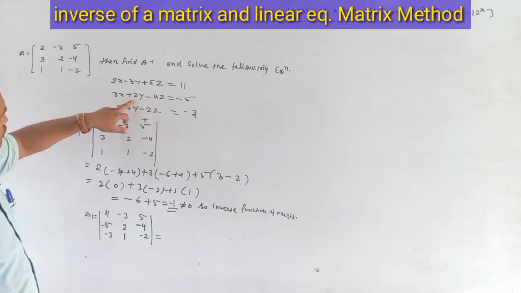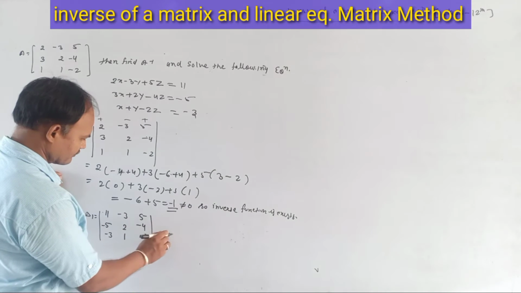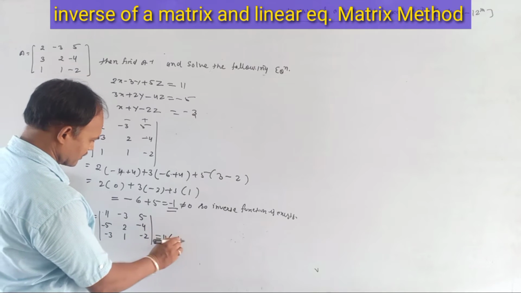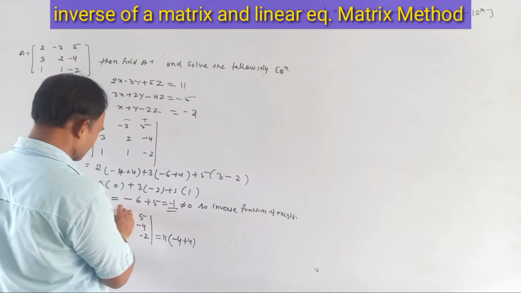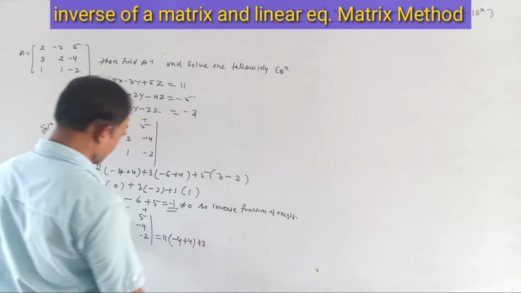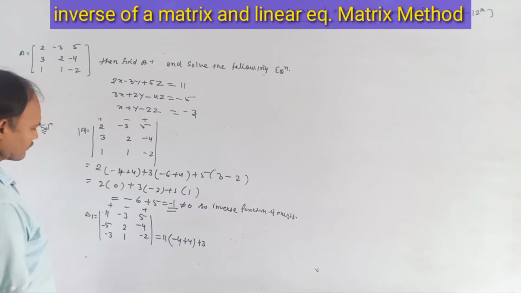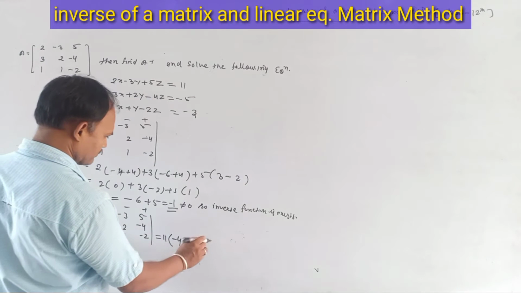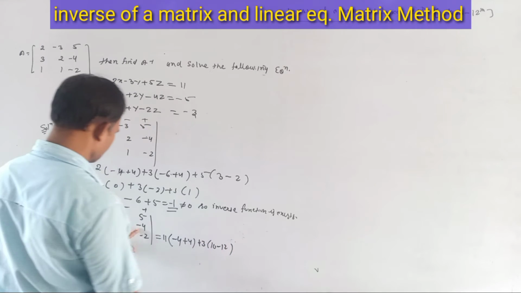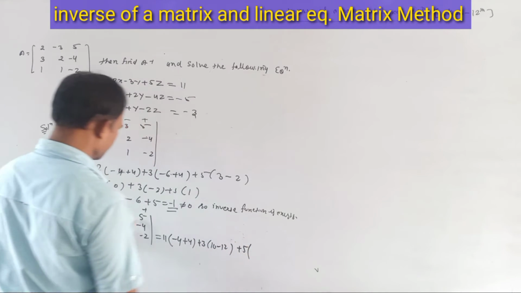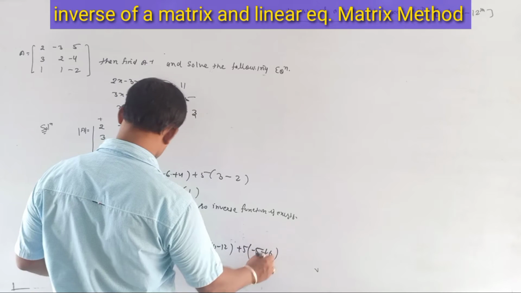So it is 11 times (minus 4 plus 4), then plus and minus and plus, so plus 3 times (10 minus 12)... and the last one is 5 times (minus 5 minus 6 plus 6).